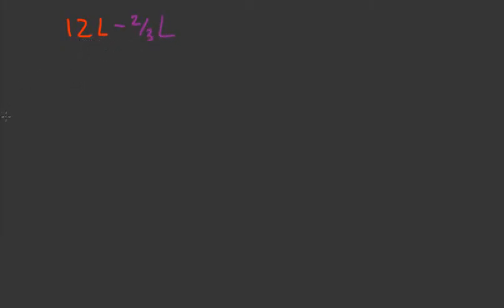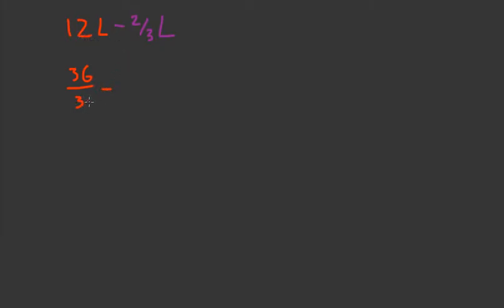We could do that right there. Let's just do that real quick. 12 can be rewritten as 36 over 3, and the reason why is 36 divided by 3 equals 12.